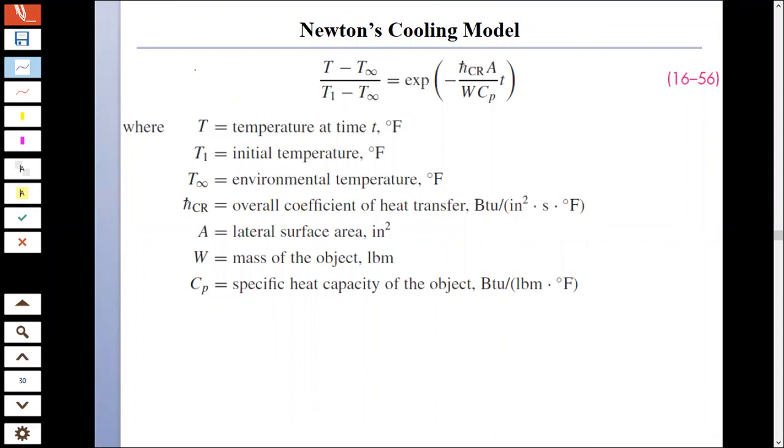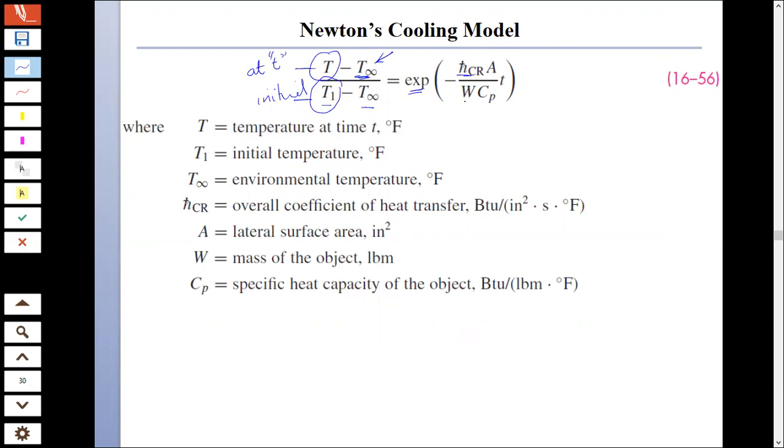The Newton cooling model says that T minus T ambient, which is the temperature at time t minus the ambient temperature, divided by T1 minus T ambient, where T1 is the initial temperature of the brake or the clutch that we are going to use, will be equal to exponent of minus h_CR A t over W Cp.